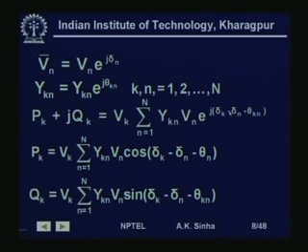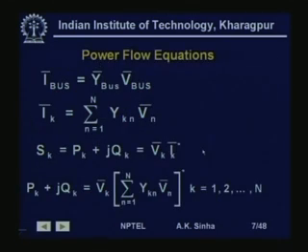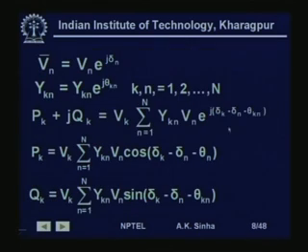Now, the terms delta n and theta k n are negative, because we have to take the conjugate as shown here. So the angle is negated, and we get this phasor expression for the complex power injection.